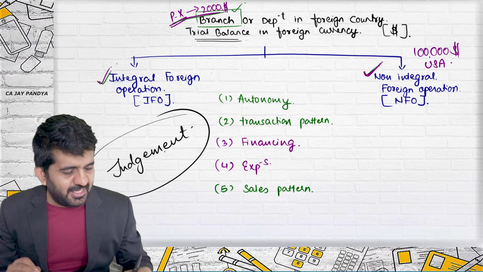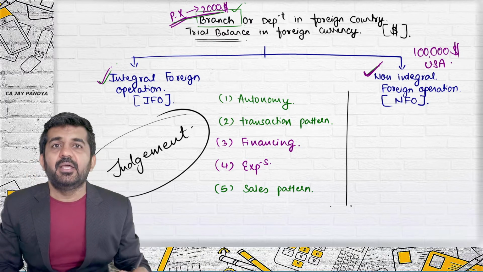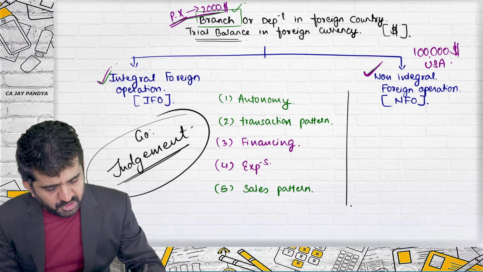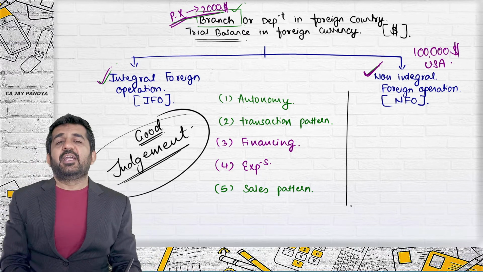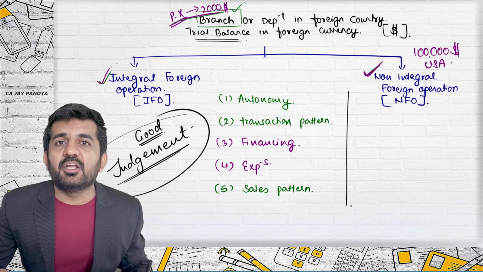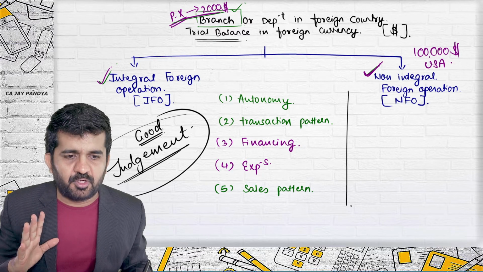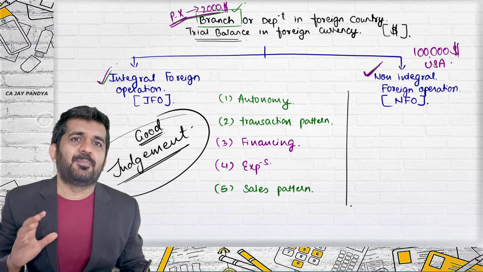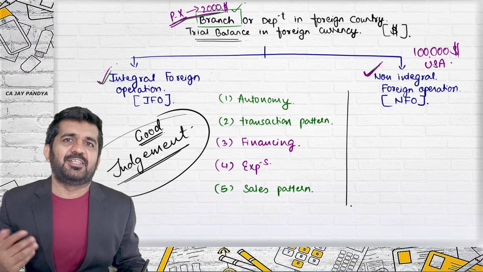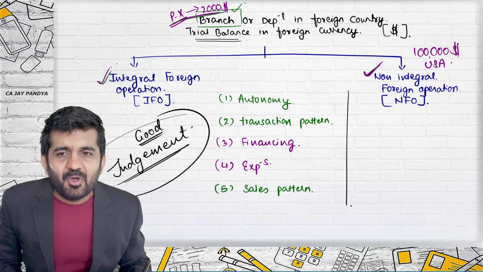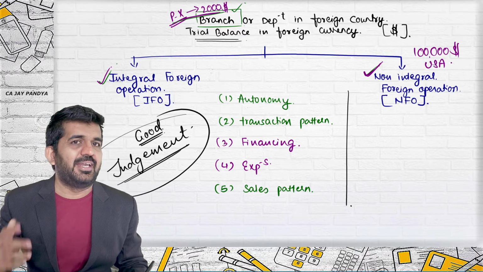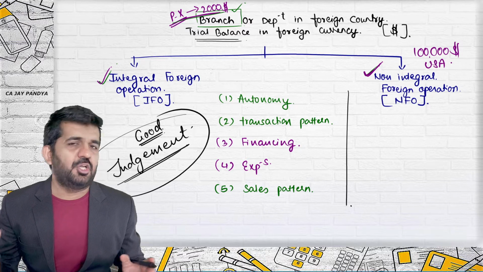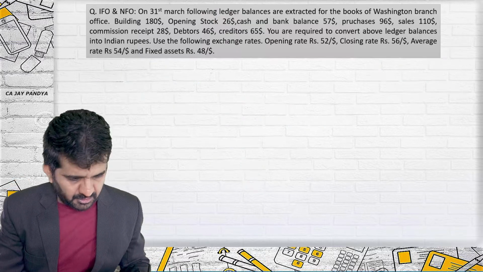You need to analyze, keep the criteria in your mind. Ultimately, it is your good judgment which will decide whether an operation is integral foreign operations or non-integral foreign operations. It is good for us because in our book it will be directly given whether it is integral or non-integral foreign operations, and we need to directly deal with a branch or a department as if it is integral or non-integral.